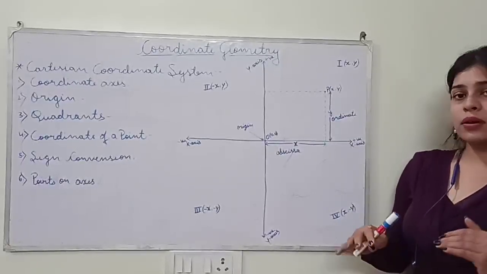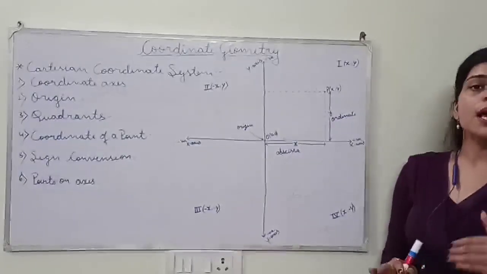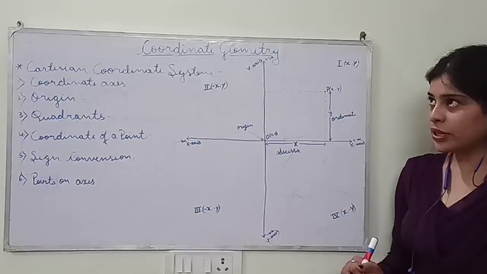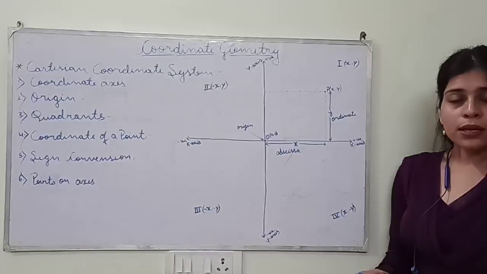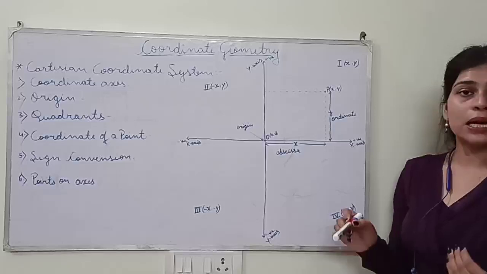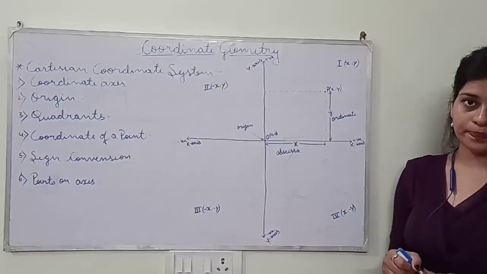So the definition of coordinate geometry is: it is a branch of mathematics which helps us to find solutions of geometrical problems using algebra or the Cartesian coordinate system.